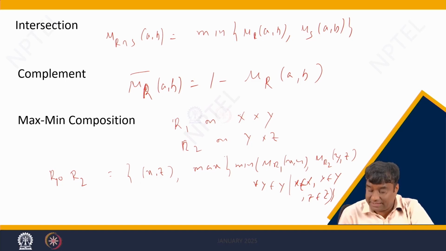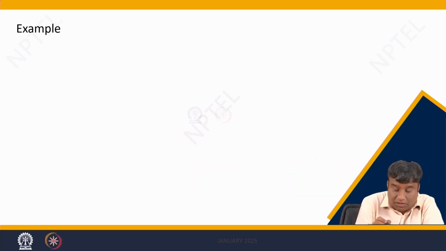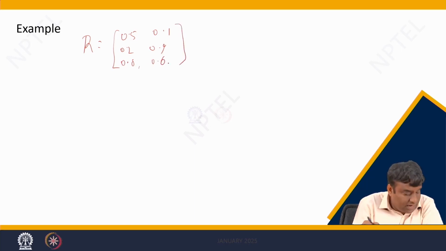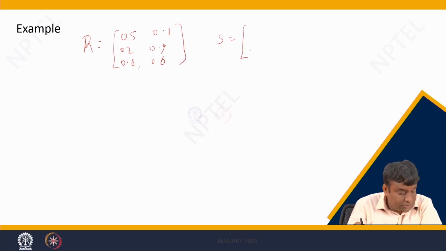We define one relation R, which is 0.5, 0.1, 0.2, 0.9, 0.8, 0.6. S is 0.6, 0.4, 0.7, 0.5, 0.8, 0.9.